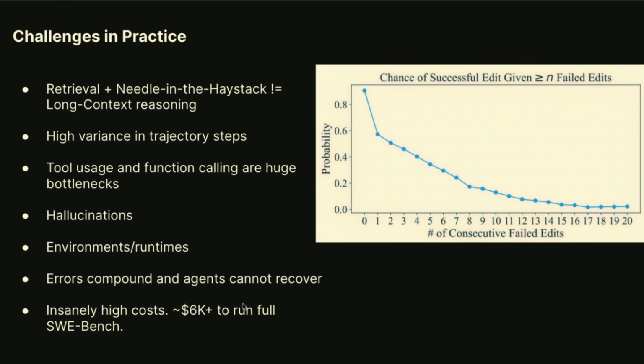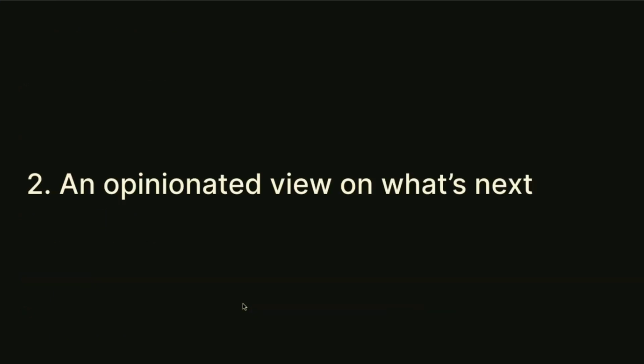So coming to the next part, this is slightly shorter, and more than happy to answer any questions on this, but I'll give you a view on what I think is next based on some observations and just working and trying to build these agents for the last year or so.